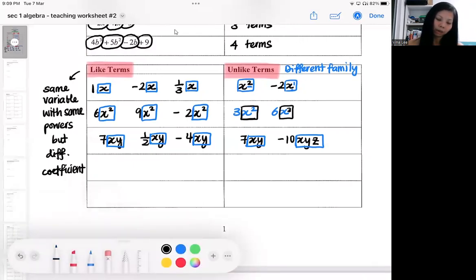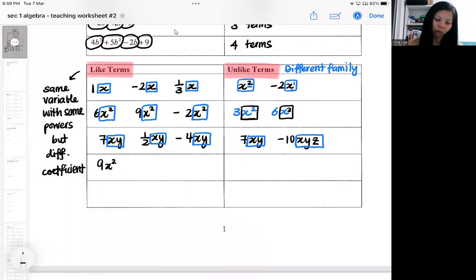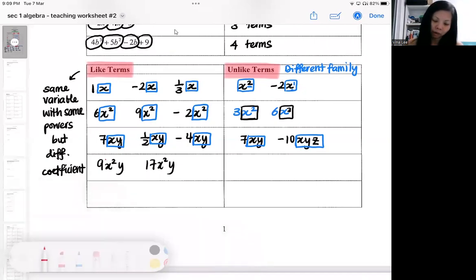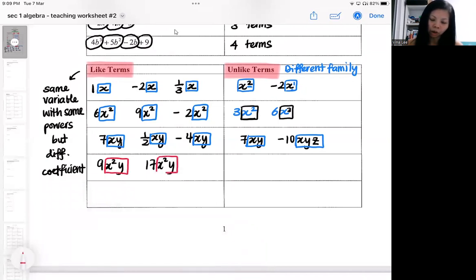Let me give you a bit more complex one. What happens when I give you 9x squared y and 17x squared y? Can you see it's exactly the same algebra and the same power? x squared is x squared, y is y. So they are considered the same family.